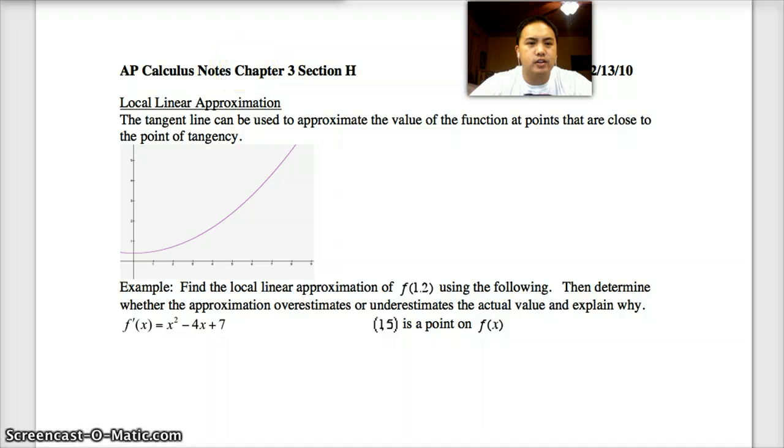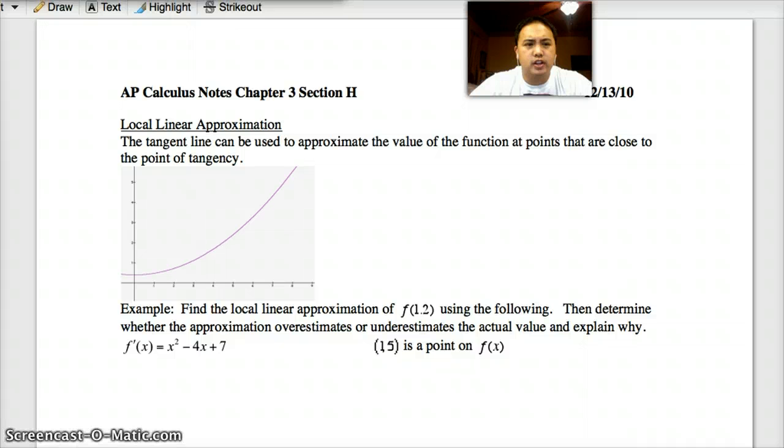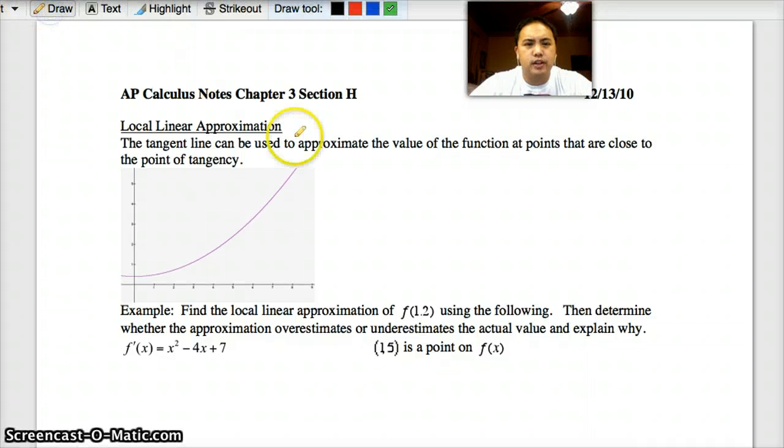There's actually a formula I want you to write.